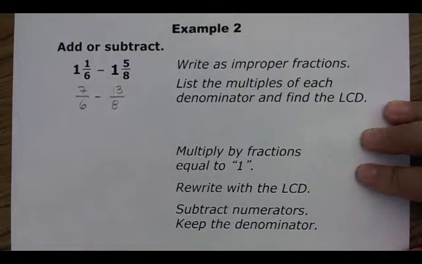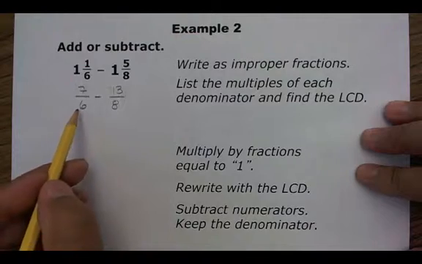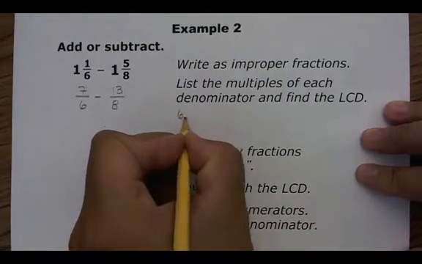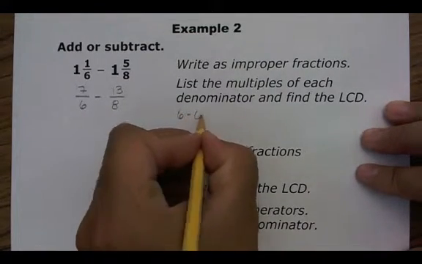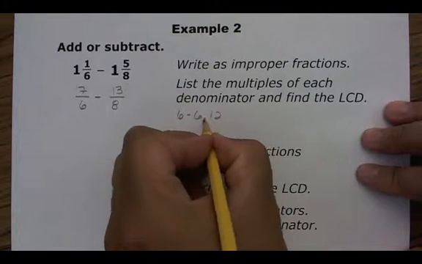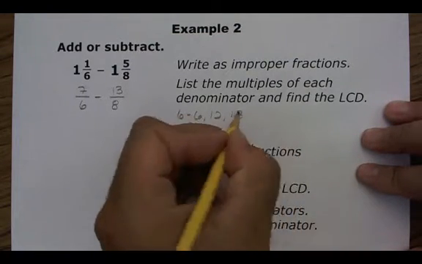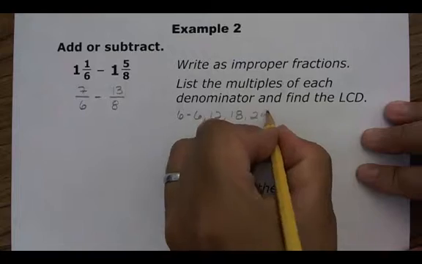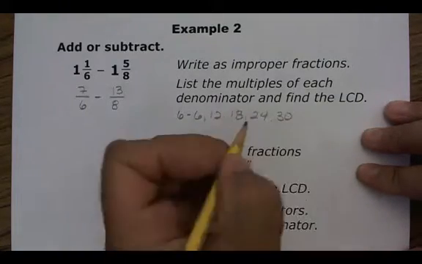And how I'm going to do this is by listing the multiples of the denominators. So the multiples of 6 would be 6, 12, 18, 24, and 30.